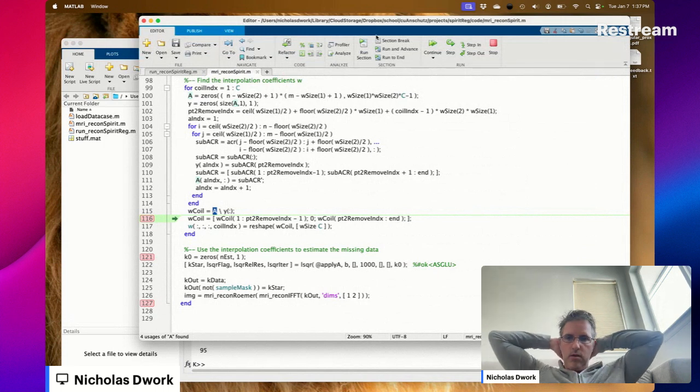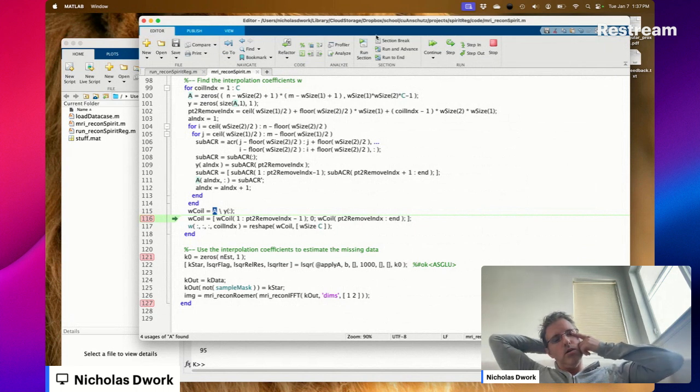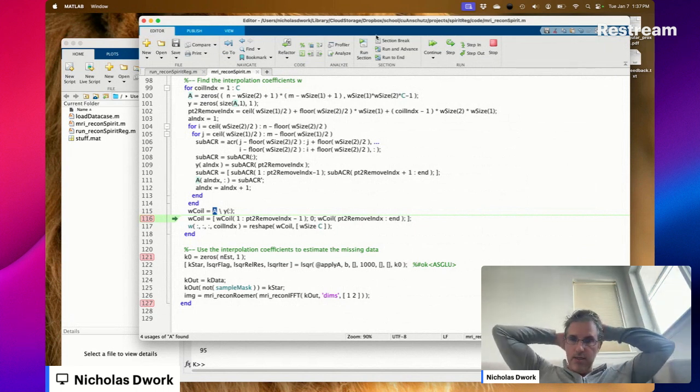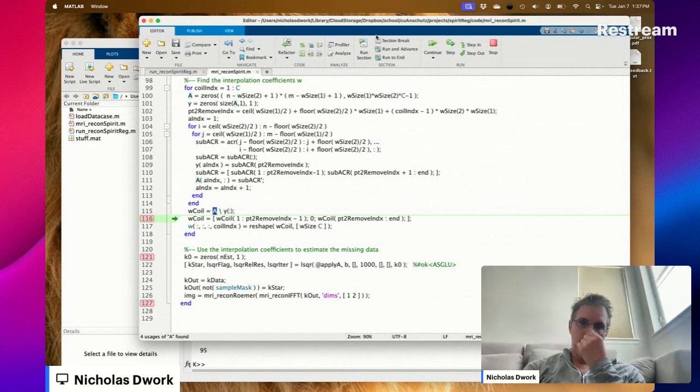Okay. Everything I just did looking into values of A and Y, looking at the 59th row of A, was not correct.